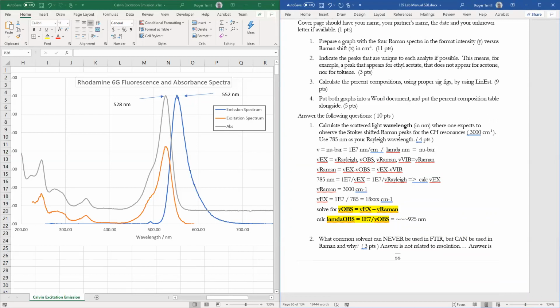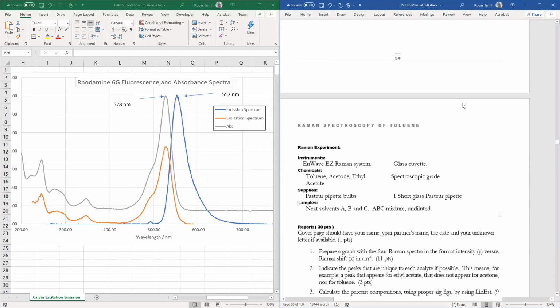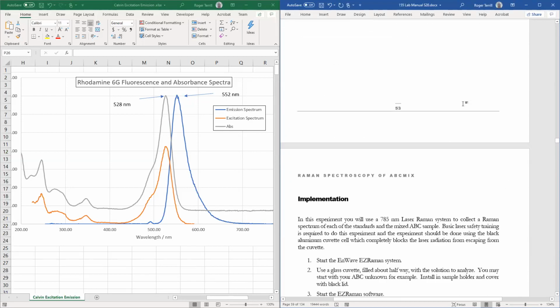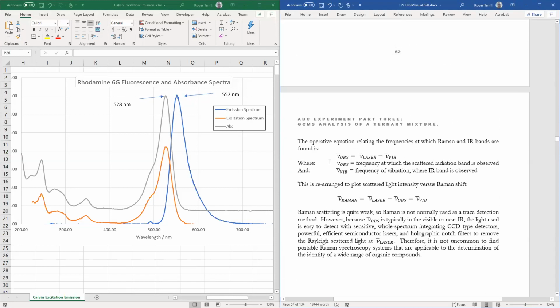Basically, if you go into energy, it's pretty simple. That V Raman equals... yeah, so basically we can just use this equation here.